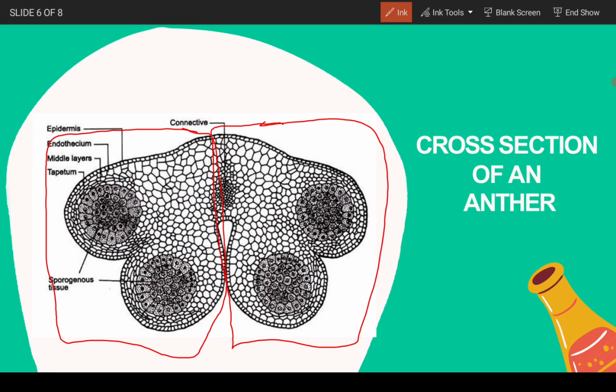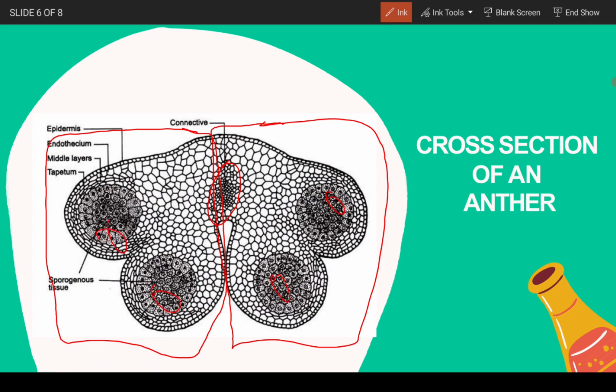So let us come back to the discussion. What we were saying is the two lobes. How are they present? This is a small connective present here, and the two lobes are present on either side of it. So now you are ready to say that these four are not the lobes.